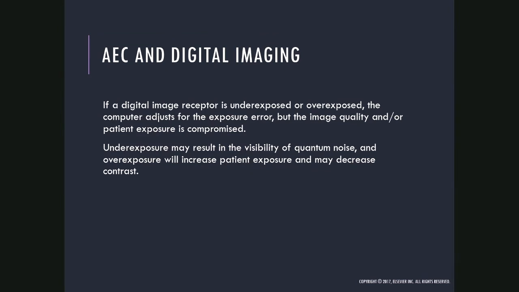That means when you do your next oblique, you need to go up some more, or whatever the case may be. But use those, because just looking at the image is not always going to tell you, because digital is made in such a way that it is going to try to make your image look correct even if the exposure was not.